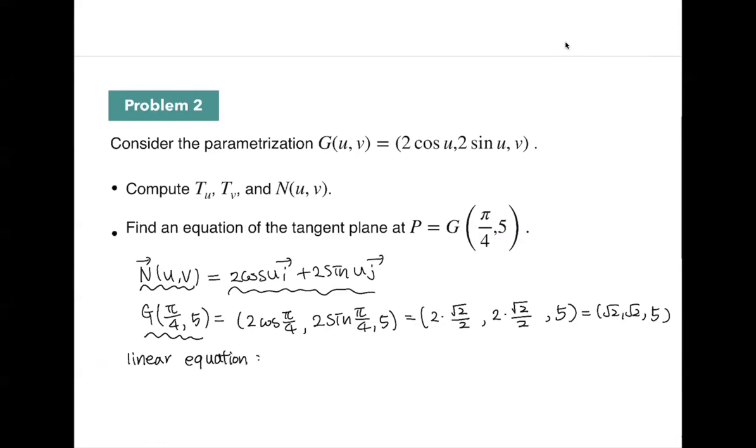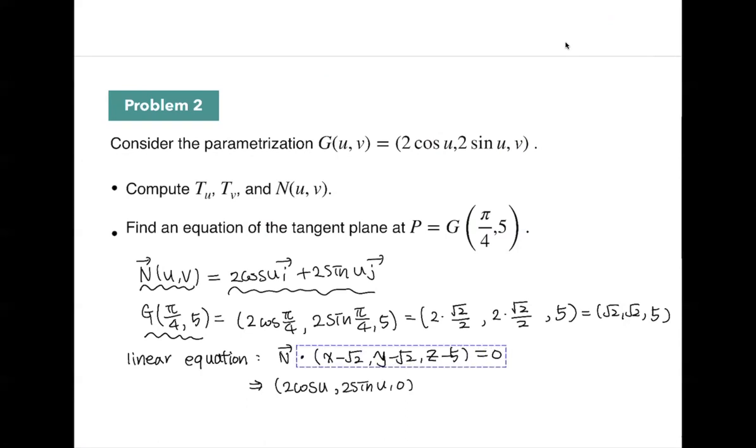It will be given by n in a dot product with x minus root 2, y minus root 2, and z minus 5, equal to 0.